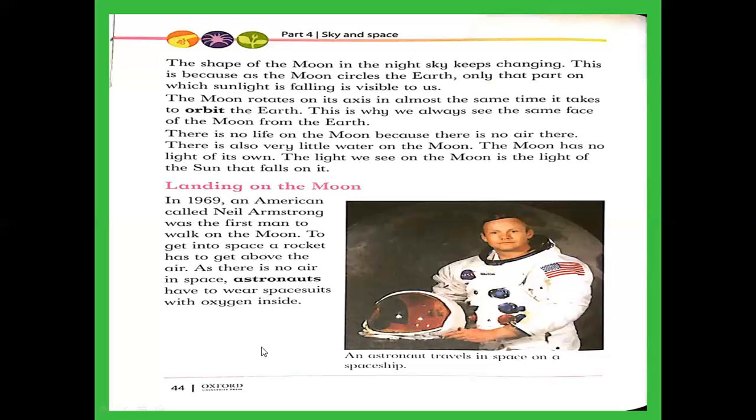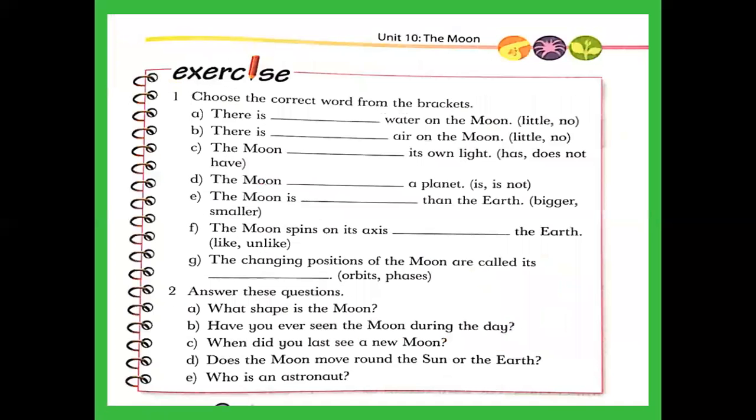Okay, now we will do the exercise of this lesson, unit number 10, the moon. Look at question number 1. Choose the correct word from the brackets. A part, there is dash water on the moon.